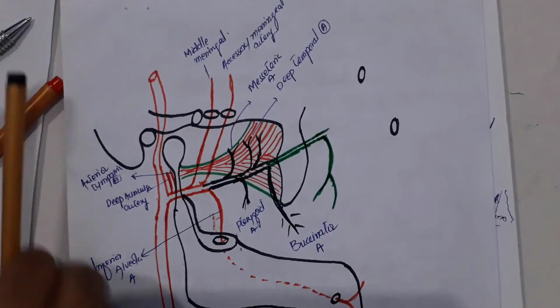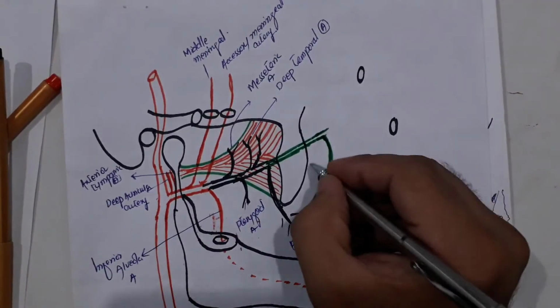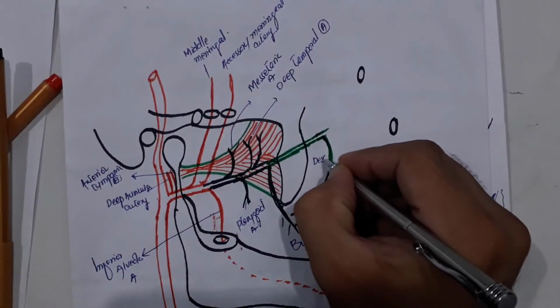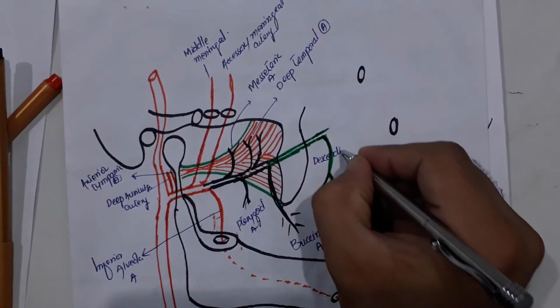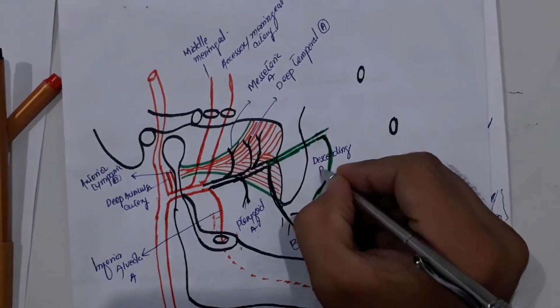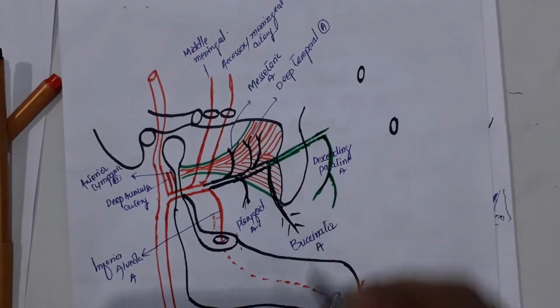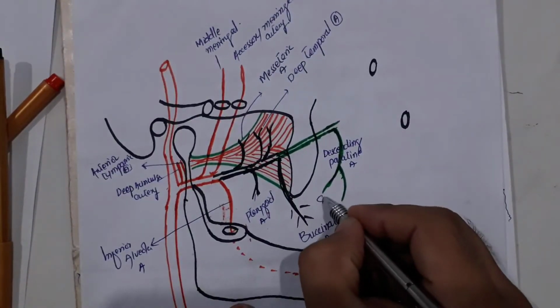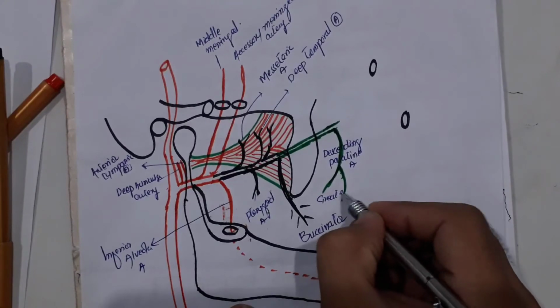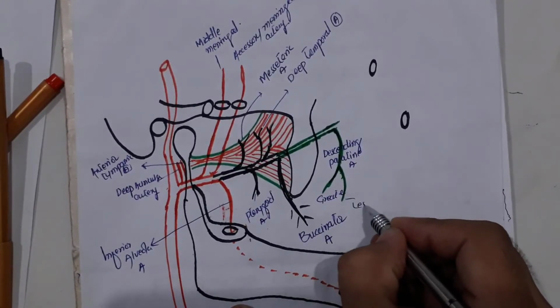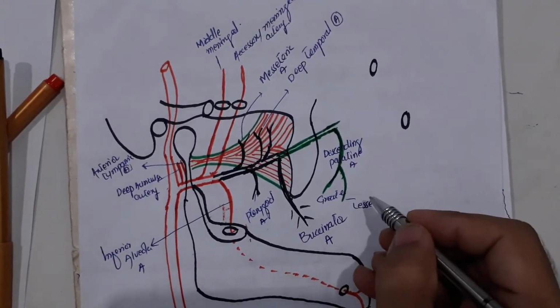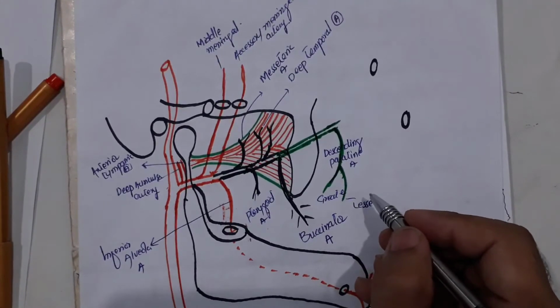Okay, so let me name it. This is our descending palatine artery, and this one is the greater palatine, and this one is the lesser palatine artery, right friends?